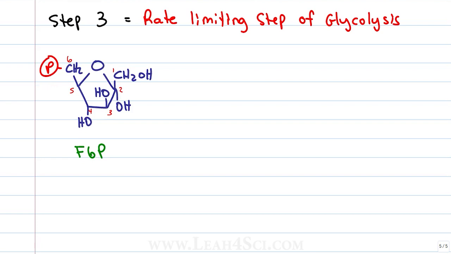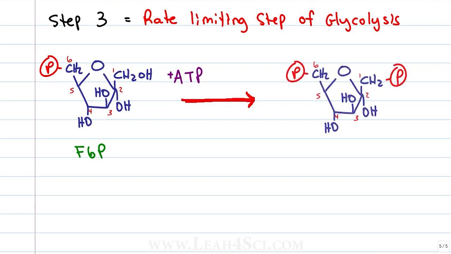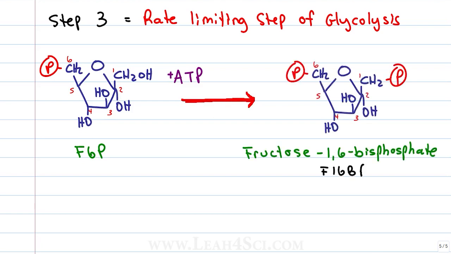How? We take fructose 6-phosphate and add a phosphate group from another ATP molecule in a one-way reaction that gives us fructose 1,6-bisphosphate, or F16BP. That's a fructose molecule with bisphosphate, 2 phosphate groups, 1 each on carbon 1 and carbon 6.